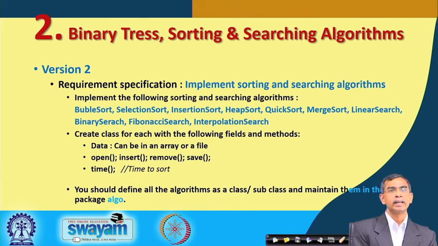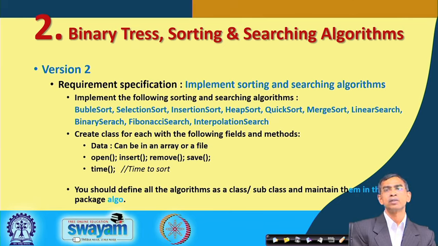And for the methods you can do open, insert, remove, save. That means after sorting, the data can be saved. Opening means you can open from the raw input data. Remove means you can eliminate one item from the sorted array, or you can insert also, but insertion should be in a sorted manner.